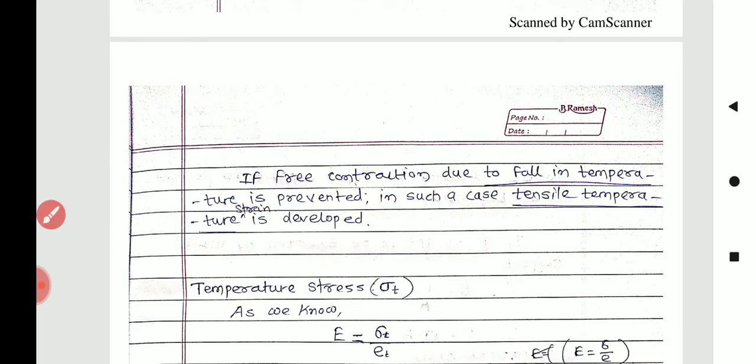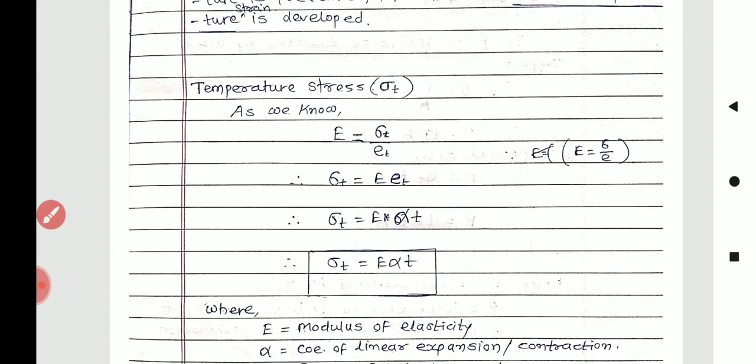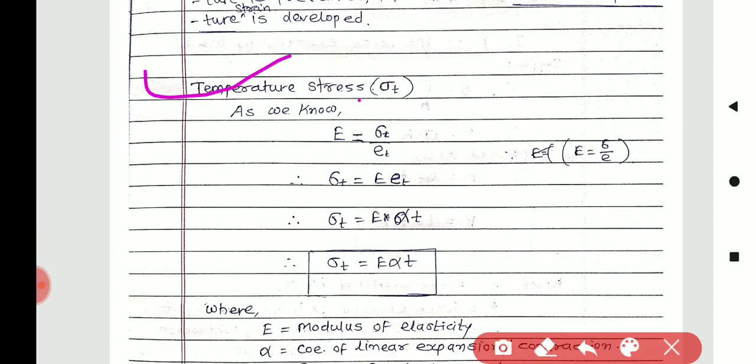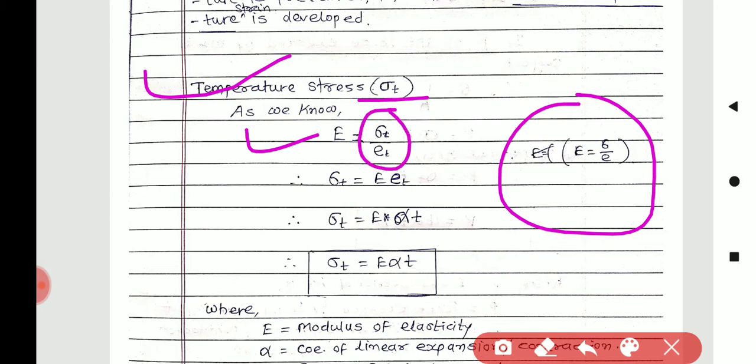Got it. Now here is the next step. Temperature stress we denoted as sigma t, but we know modulus of elasticity is equal to stress upon strain. Then in this case we consider the modulus of elasticity of a particular bar is equal to temperature stress upon temperature strain, sigma t upon Et.